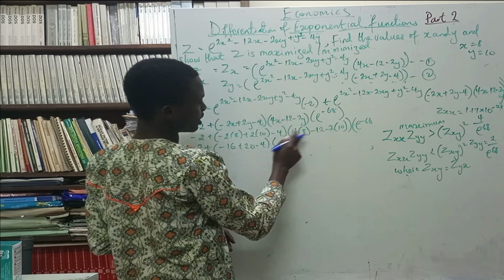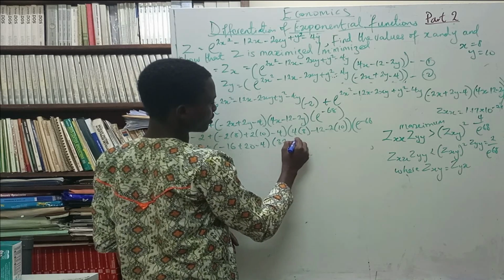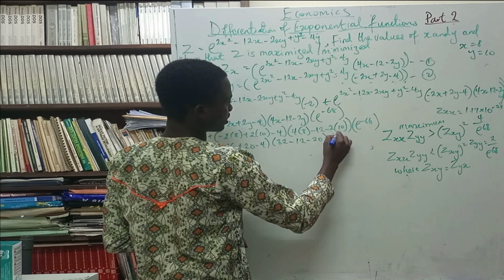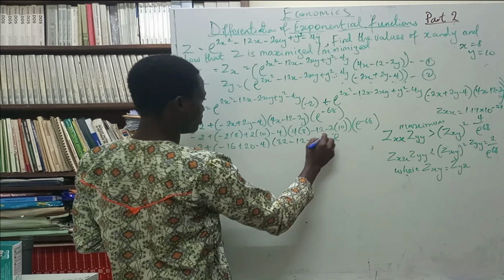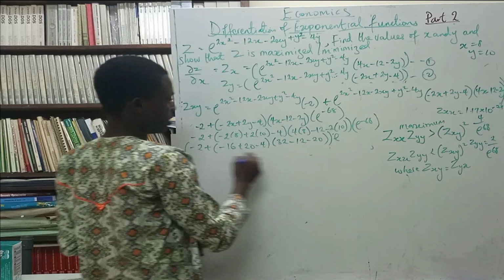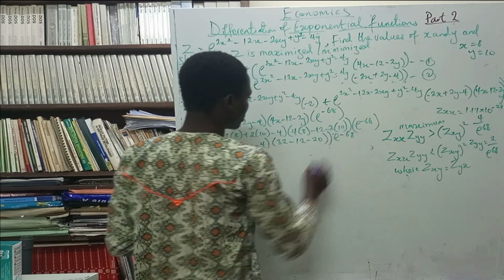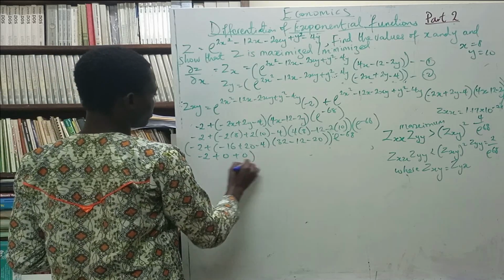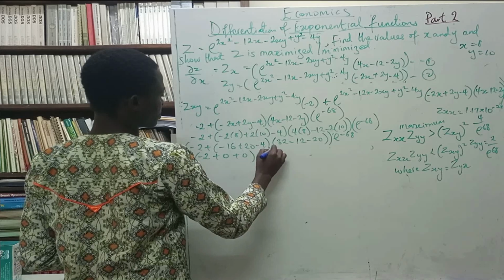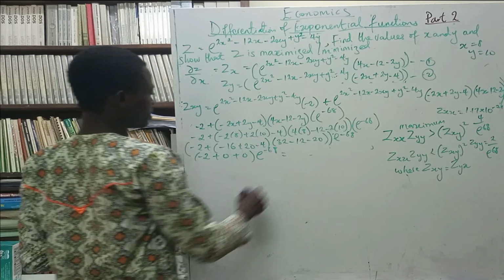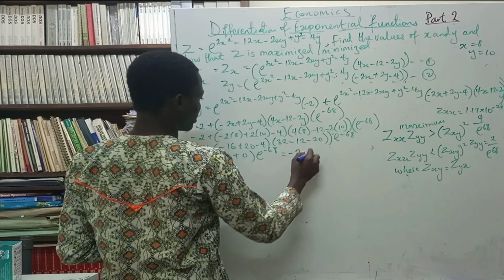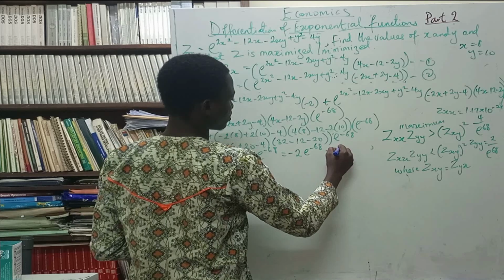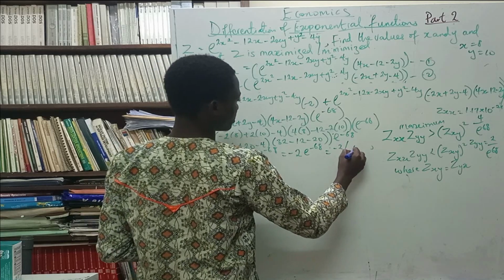And here you have 4 times 8, you have 32 minus 12 minus 20, which is 0. So you have minus 2 plus 0 plus 0 into bracket e raised by minus 68. That's just going to give us minus 2 into bracket e raised by minus 68, or equals minus 2 over e raised by 68.